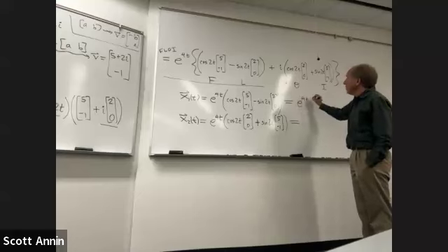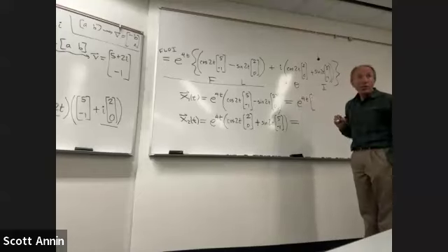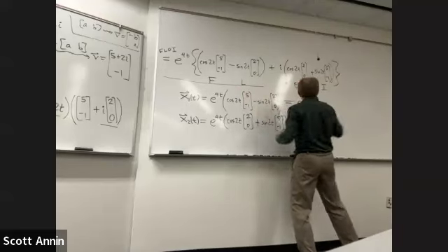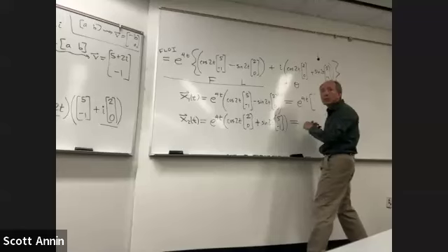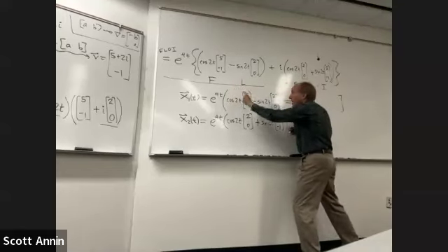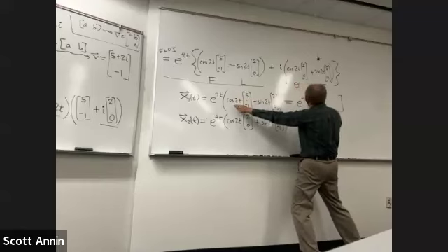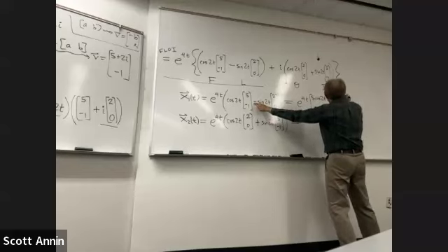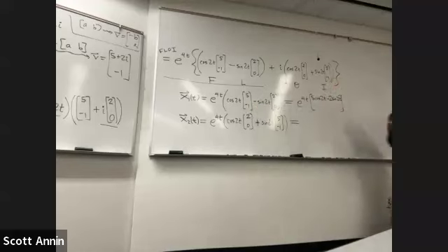But what you can do if you want to make it look a little nicer is compress the part in parentheses into just a top slot and a bottom slot. So if I write across the top slot of everything, I've got a 5 times the cosine of 2t, right? And then I've got a minus 2 times the sine of 2t. If you like compressing the expression, that would be fine.